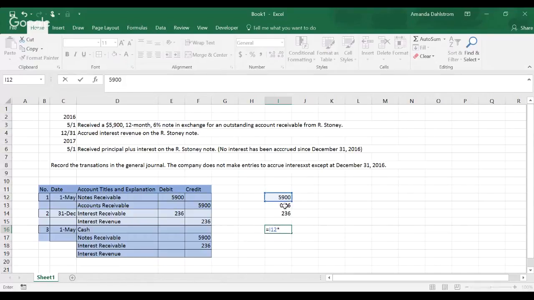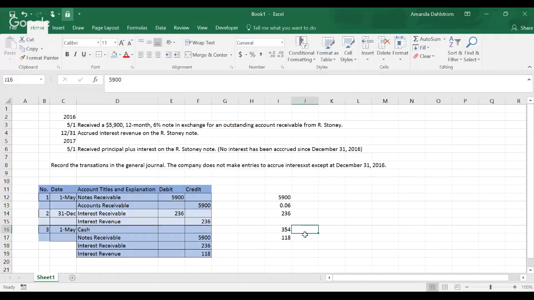And we're going to multiply that by the 6%. And so we can see that the total interest that needs to be collected for this note is $354. And so we can go ahead and subtract the 236 that we already accrued from the 354, and that gives us 118. That's the remaining balance that needs to be collected.